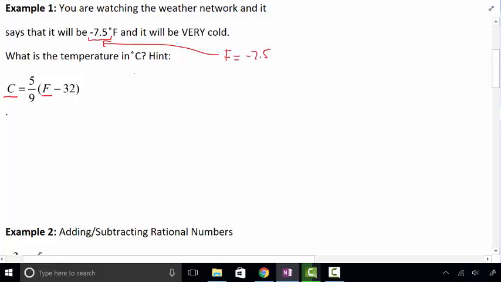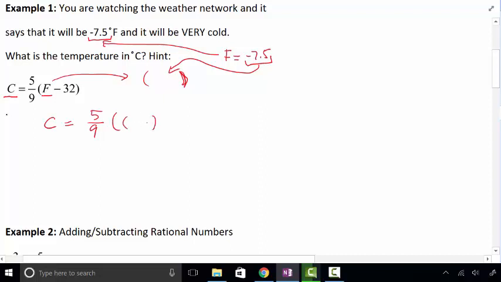If you think of the Fahrenheit here as a container, the containers are brackets, and what I can do is place that information in the container. So let's do that. C, I don't know, so I'm going to leave it. So 5/9 bracket. Now F, where's my container for F? So here's my container for F.